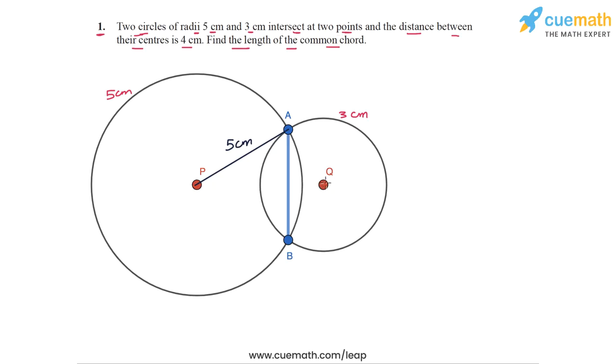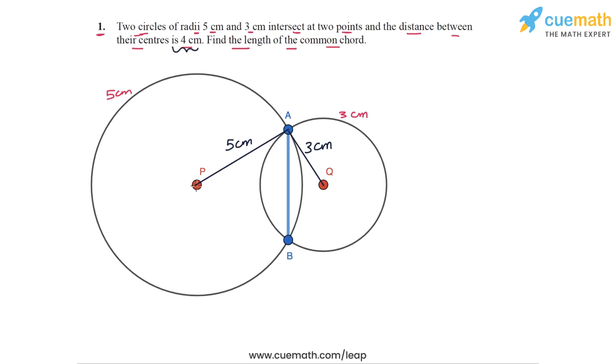And if I join the other center Q to this point A, one of the endpoints of the common chord, this should be 3 centimeter because the radius of this other circle is 3 centimeter. We are also told that the distance between the centers of the two circles is 4 centimeters.